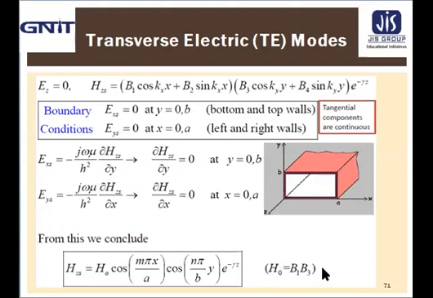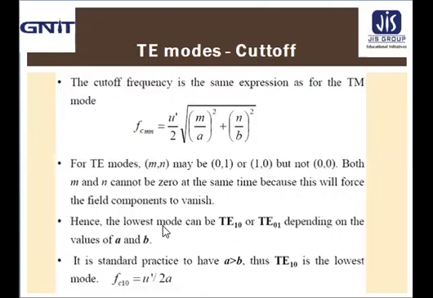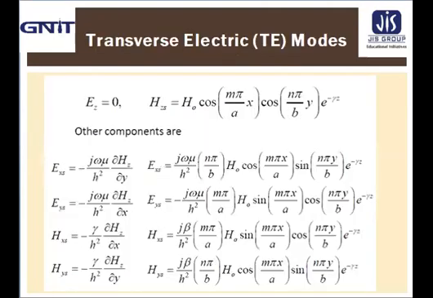Here H0 equal to B1 B3. Then other field components are easily obtained from this equation and the previous equations which I have discussed in the last part. These are all the other field components, that is Exs, Eys, Hxs and Hys.